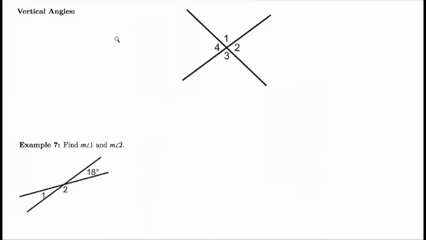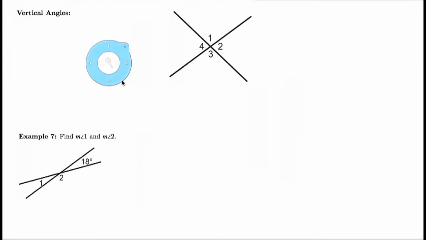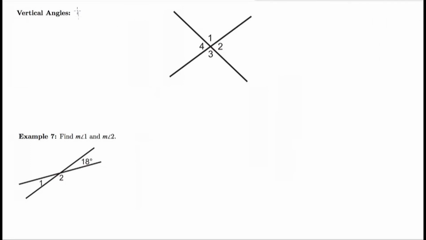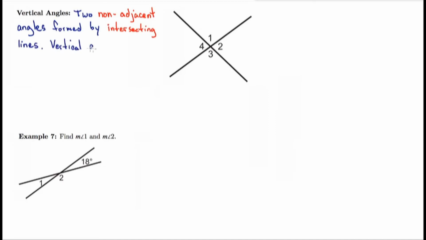Okay, so let's take a look at vertical angles. This is our last definition here in the notes. Two non-adjacent angles formed by intersecting lines. So that's our definition for vertical angles.